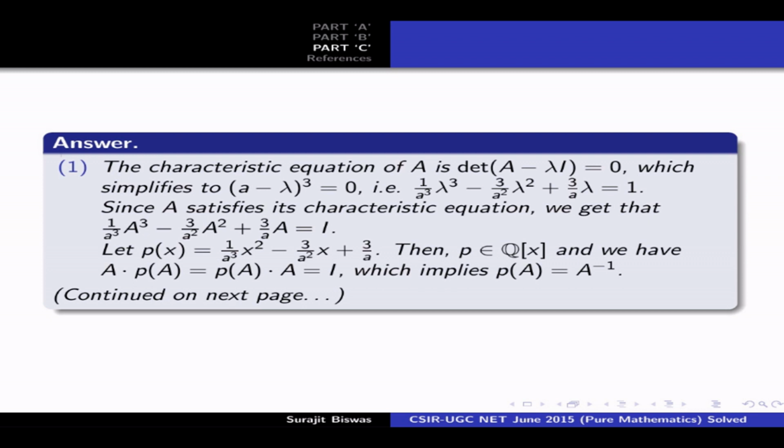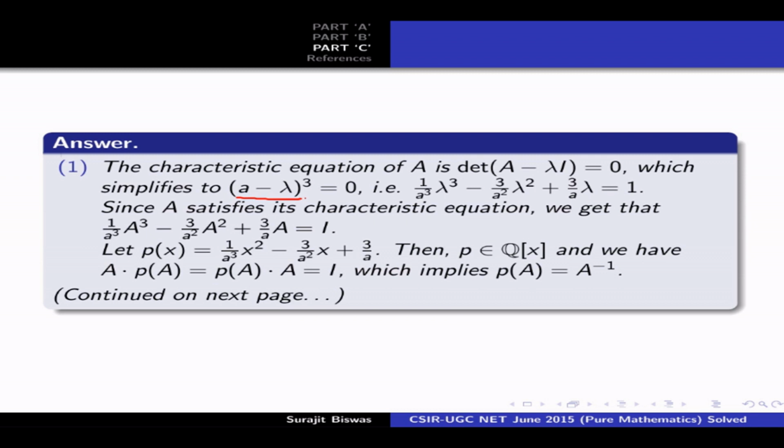So the characteristic equation of A is determinant of A minus lambda I equal to 0, which simplifies to (a minus lambda) cubed equal to 0, that is, by simplification, 1/a³ lambda³ minus 3/a² lambda² plus 3/a lambda equal to 1.